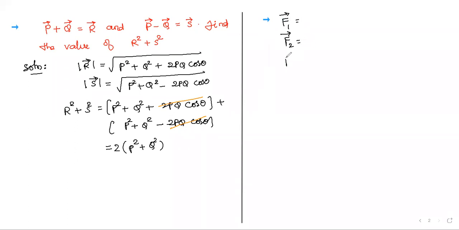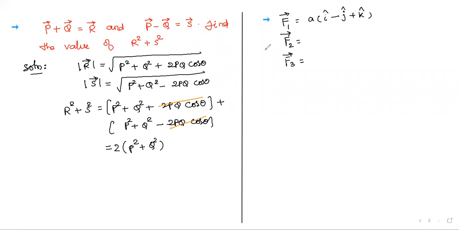Once you check what are the values given there. This is F1 bar, sum A times I minus J plus K.